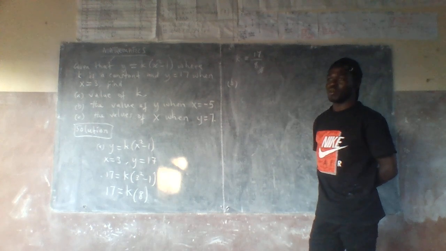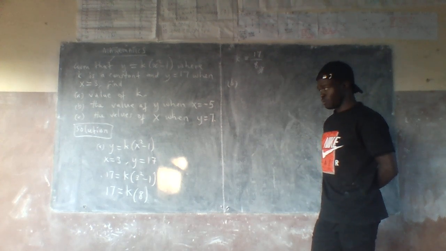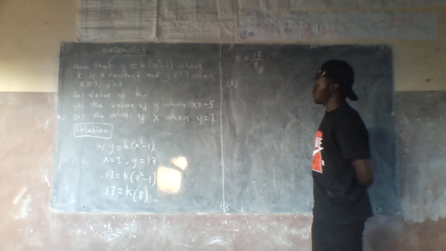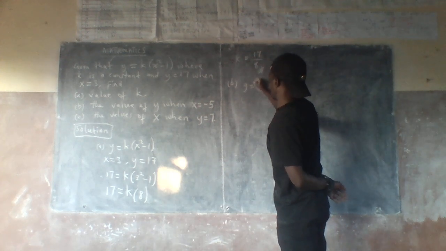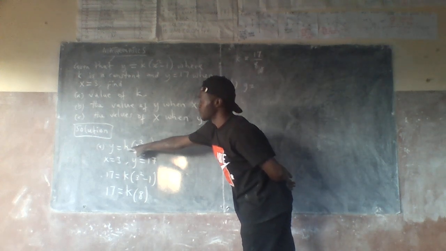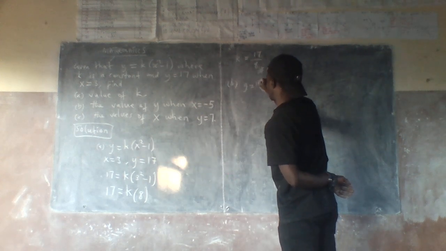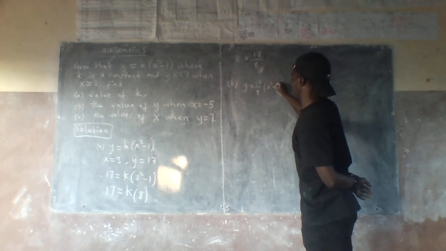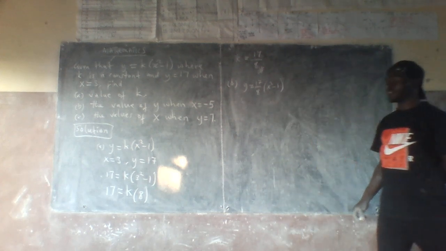What is the name of the equation? The equation connecting x and y. So we always take this value back here. And this is the equation we are going to use to solve other questions. So that is a step.